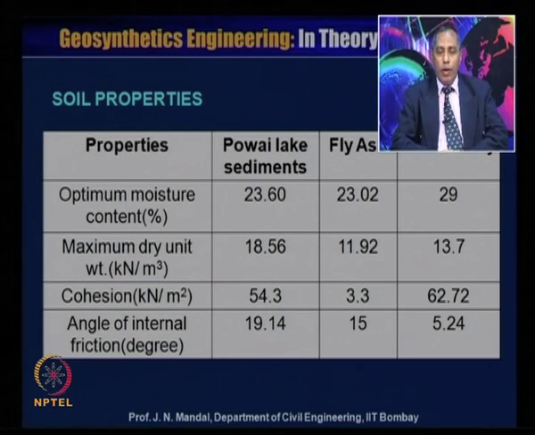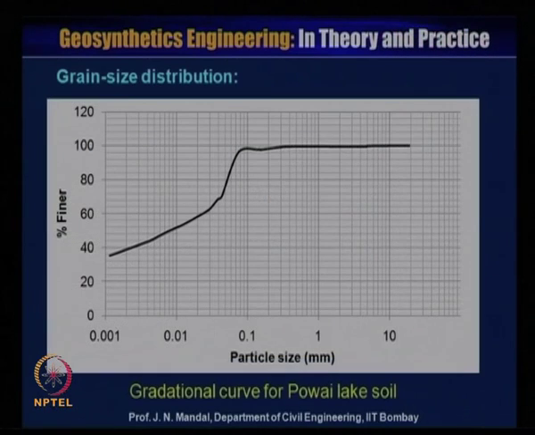Cohesion for Powai sediment is 54.3 kilonewton per meter square, fly ash 3.3 kilonewton per meter square and marine clay 62.72 kilonewton per meter square. Angle of internal friction for Powai sediment is 19.14 degrees, fly ash 15 degrees and marine clay 5.24 degrees.